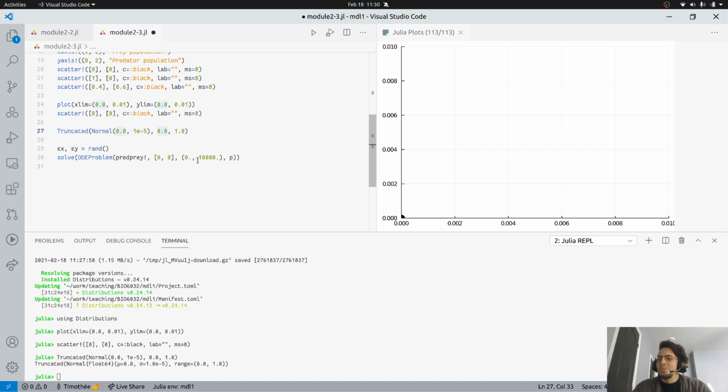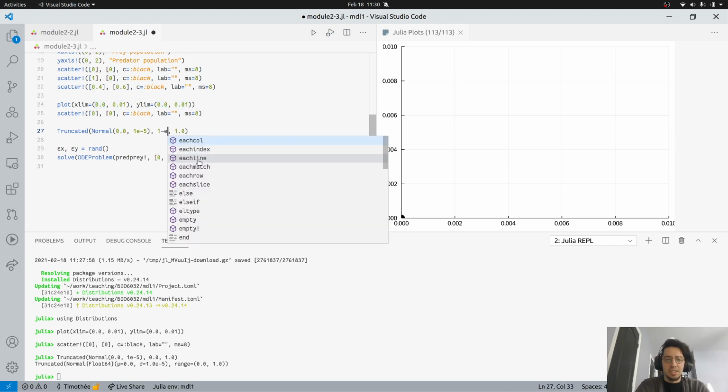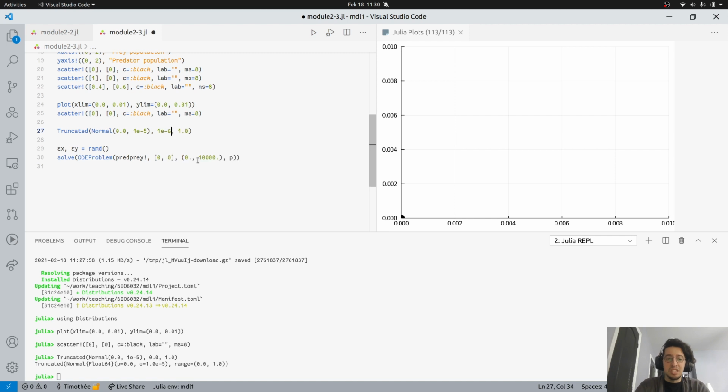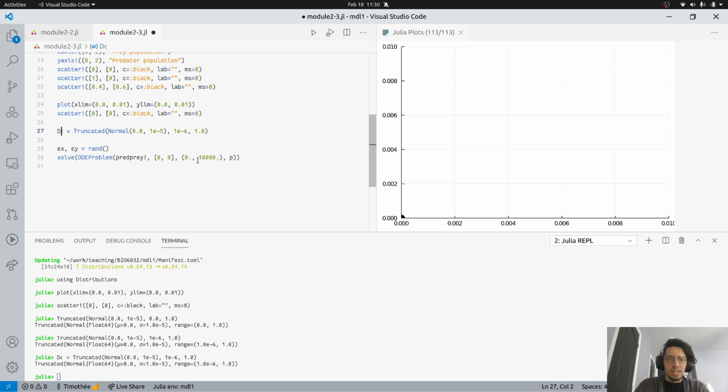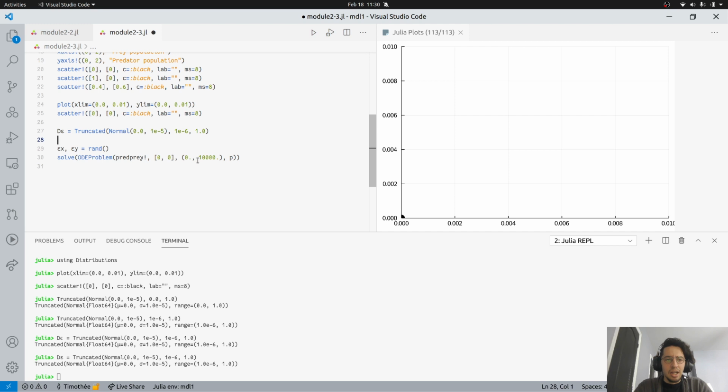In fact, we could specify that there is a minimum perturbation that we want to apply, and the minimal perturbation is going to be 10 to the minus 6, I'll say. That is a distribution. We call that epsilon.